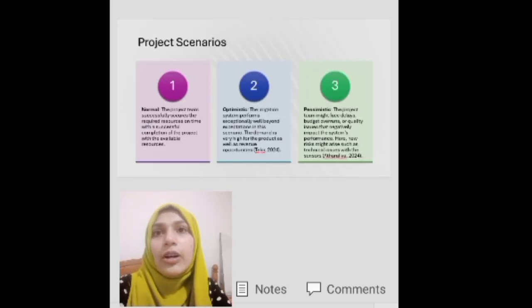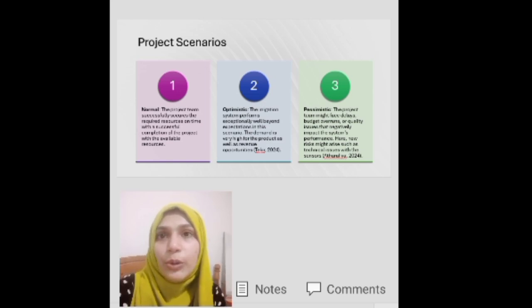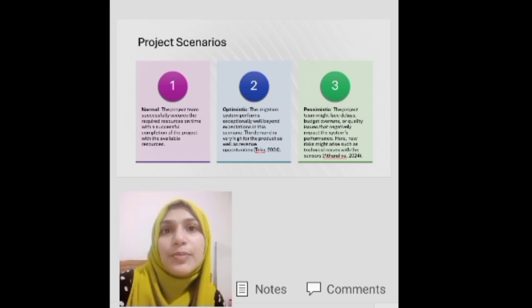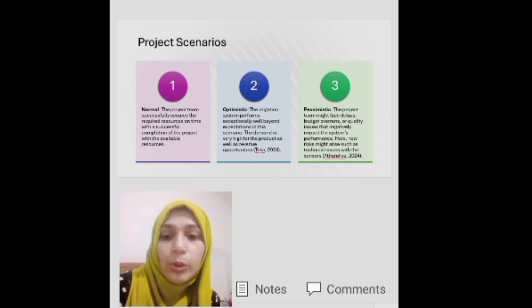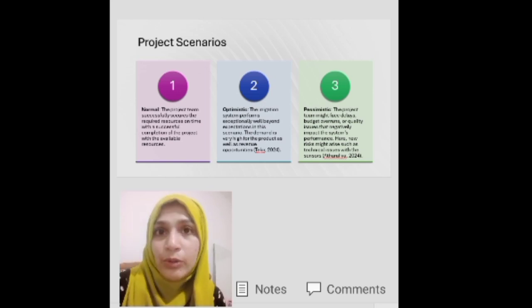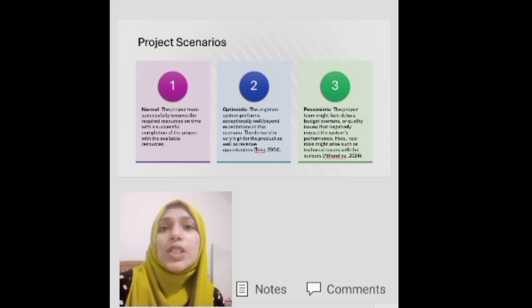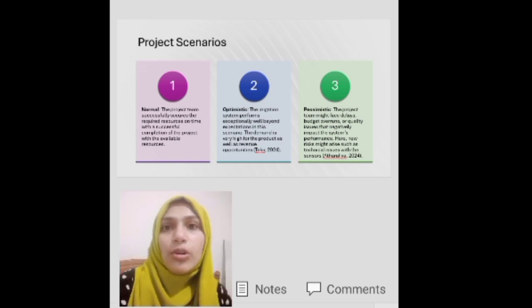Next, let's consider these three potential project scenarios. First one is the normal scenario. The project team successfully secures the required resources on time and completes the project with the available resources. Second one is the optimistic scenario.